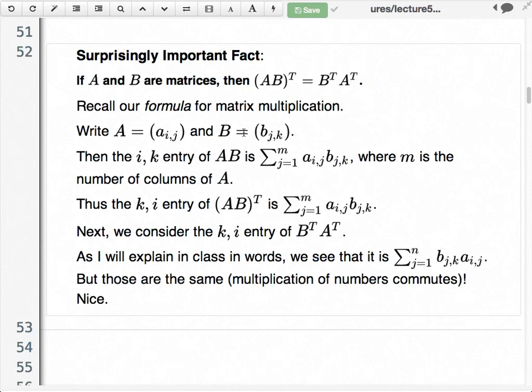Does that work? Yes? Why do you make it uppercase in that case? So I'm using some notation. If I write, for a matrix B, B sub ij, I mean the ij entry of the matrix B, which for this particular matrix is equal to, I just happen to have called it little b sub ij as a number.